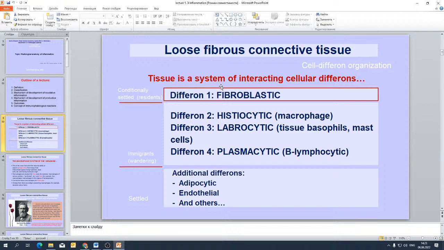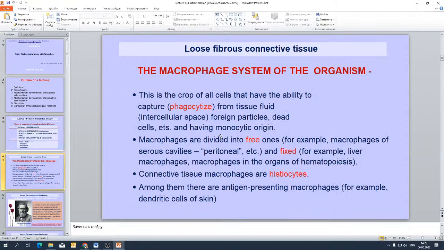And here you look at different types of cells. If we discuss macrophages, this is a group of all cells that have the ability to capture, phagocytize from tissue fluid, intercellular space, foreign particles, dead cells, etc., and having monocytic origin.